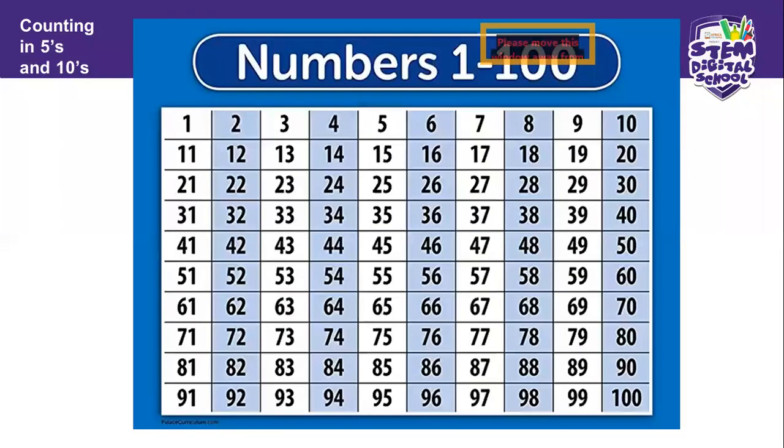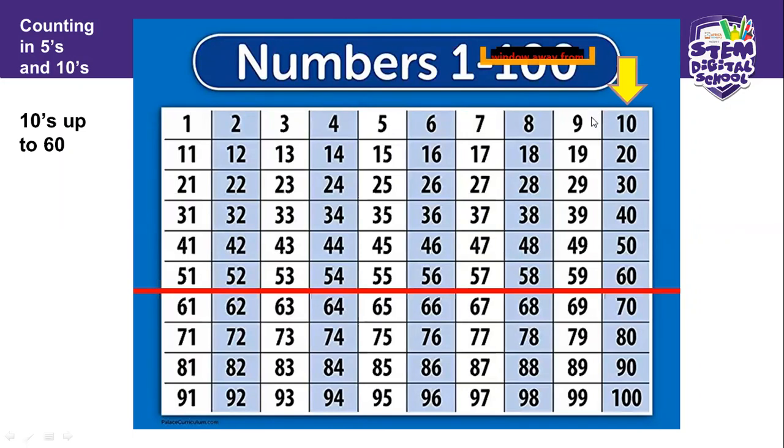Now we are counting in fives and also in tens. So let's start counting in tens from 10 up to 60. Okay, let's count together. Here we go. 1, 2, 3, go. 10, 20, 30, 40, 50, 60.